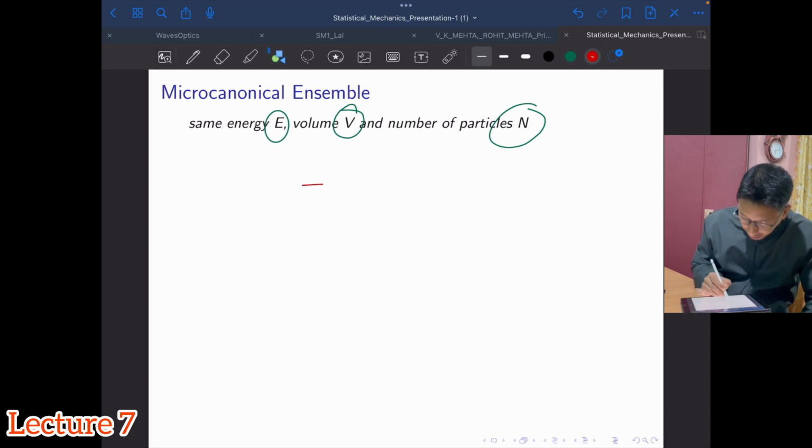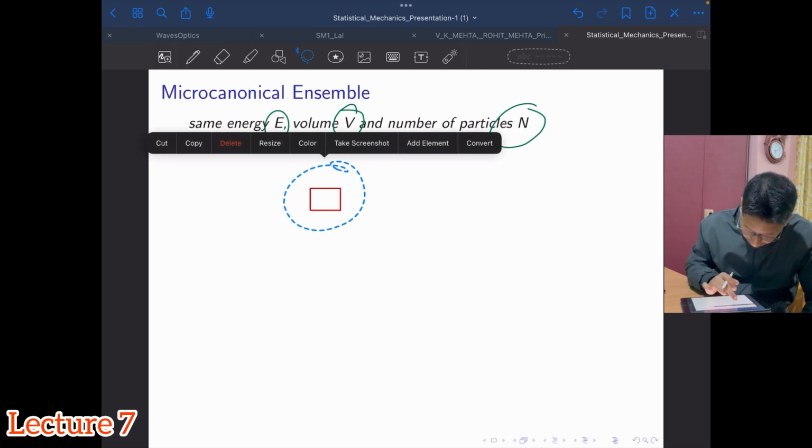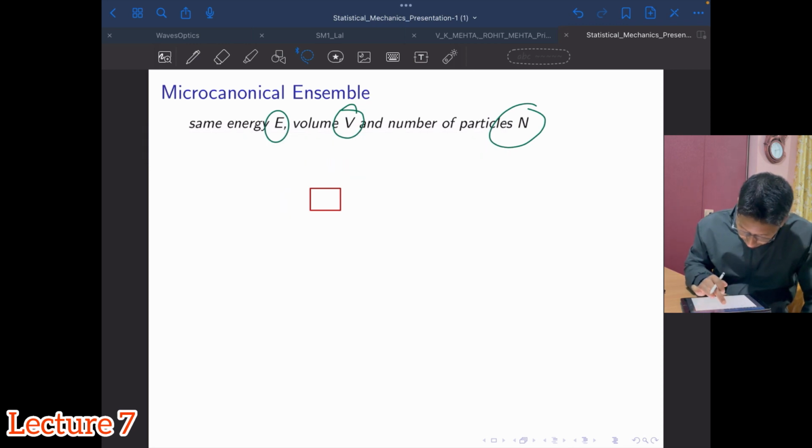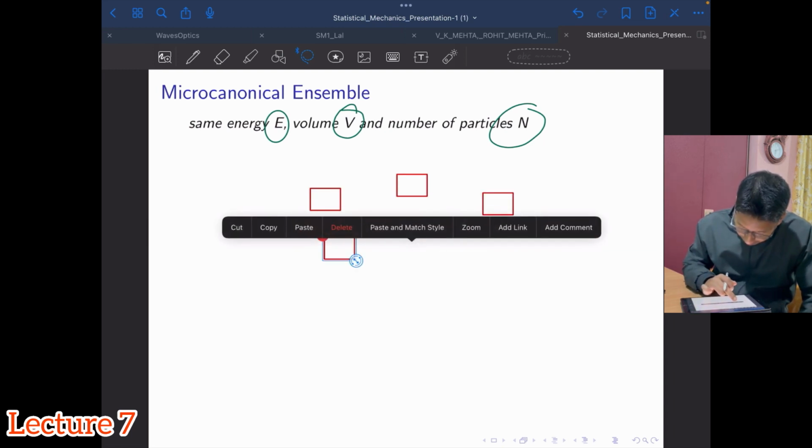Let's say I have one system. I can make a copy of this system. Let me just do this first.